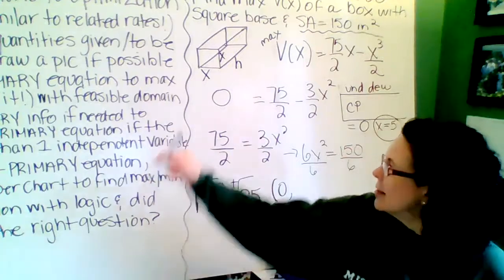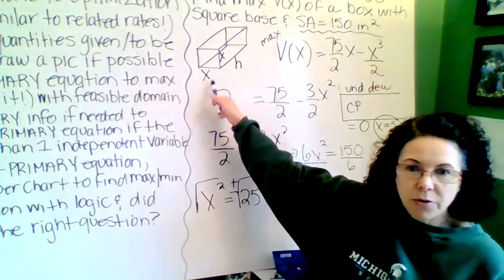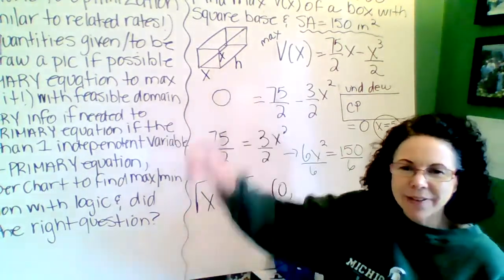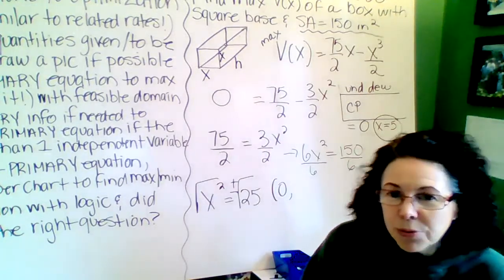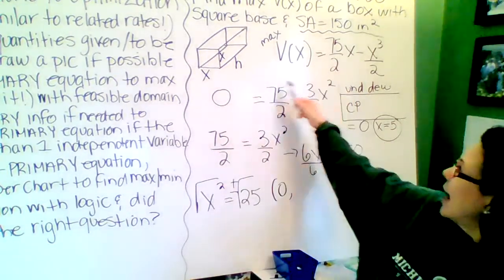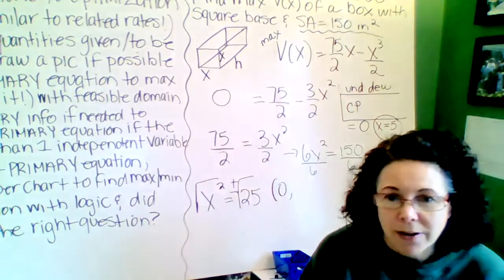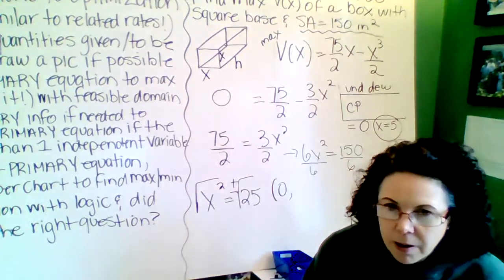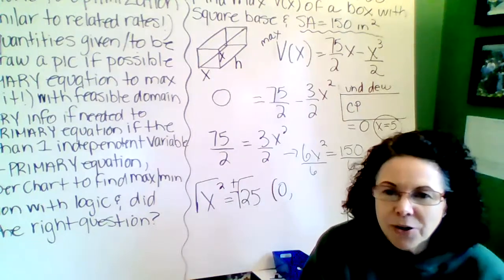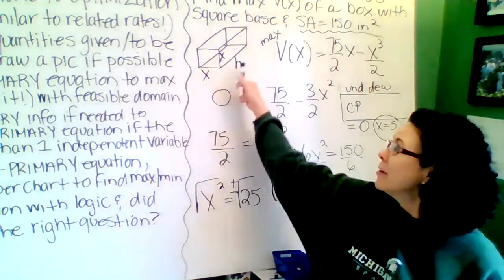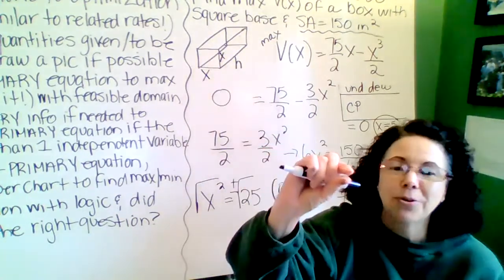Obviously these sides can't be 100 and 100, right? And even if the height were 1, that's too much surface area. So really, when you think about it, just the front and the back being 2x squared, if you made just those two sides 150 inches squared and had a really small lateral area.